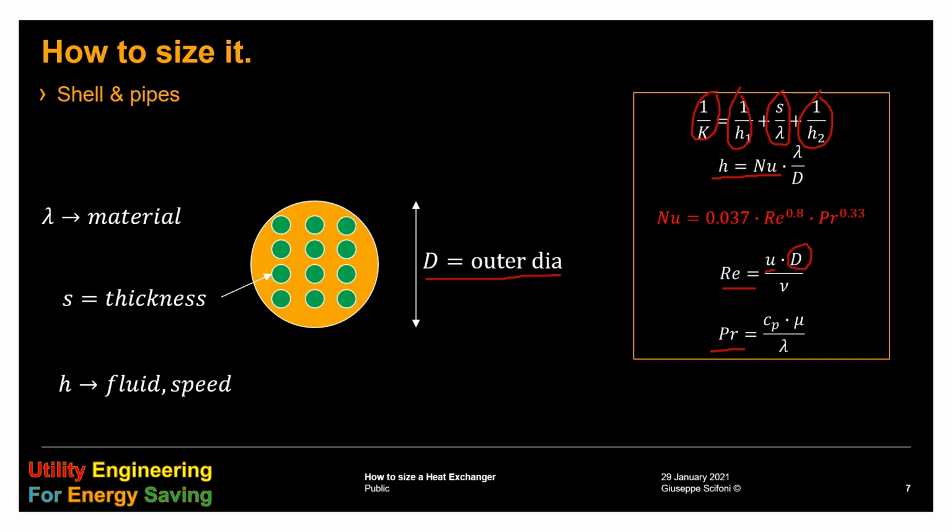About the heat transfer across the pipe, we have only conduction, so the resistance is given only by the thickness S of the pipe and the material of the pipe or the heat exchanger itself. So it's quite easy to determine. Definitely, this K is not a constant for a given exchanger. It does depend upon the geometry and material, but also upon fluid type and its velocity.